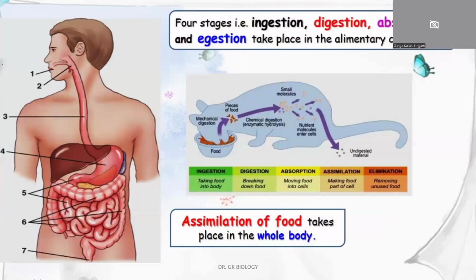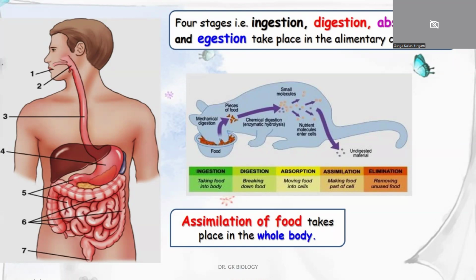As we discussed, in any holozoic mode of nutrition we can see all the steps: ingestion, digestion, absorption, and assimilation.